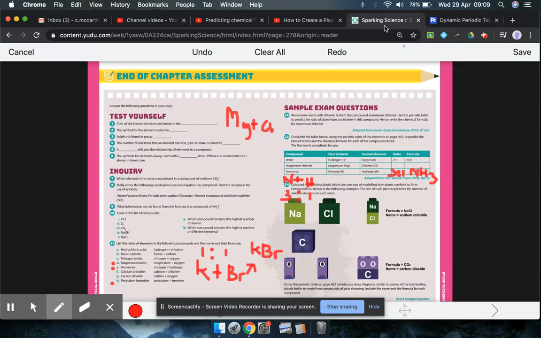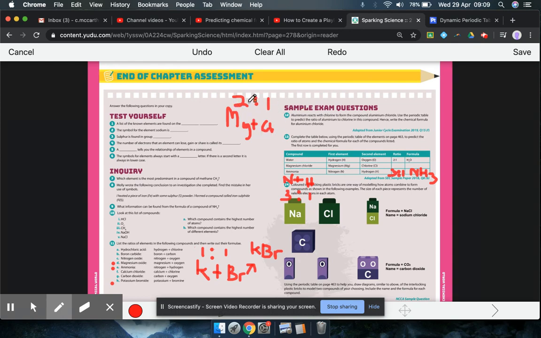Now this is a little bit different, okay? We can see here that magnesium has a valency of 2, and chlorine has a valency of 1, because chlorine, yes, it's in group 7, but it only needs 1 electron to get to 8, so therefore its valency there would be 1.